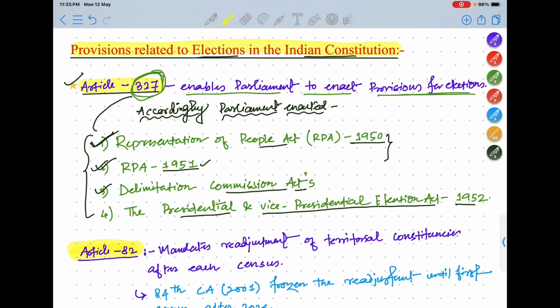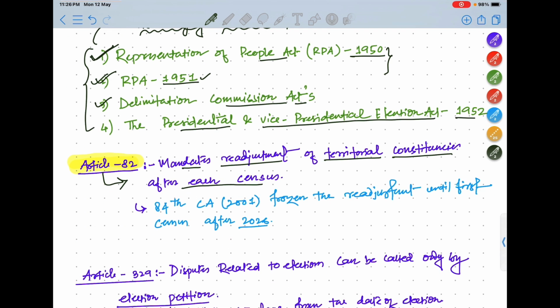Article 82 basically mandates readjustment of territorial constituencies after each census. As you all know, after each census the demography of a place changes, like the population of that area usually changes. So according to that population, the representation should also change. So after every census, there is a mandate to readjust the territorial constituencies. Article 82 empowers this.